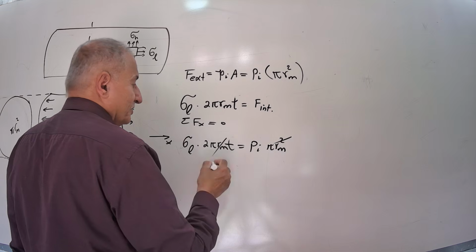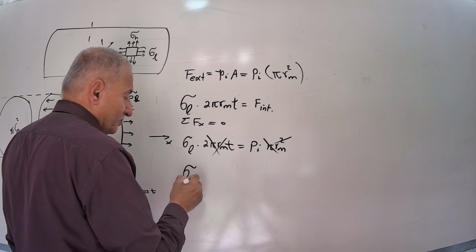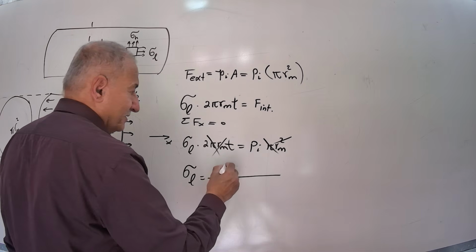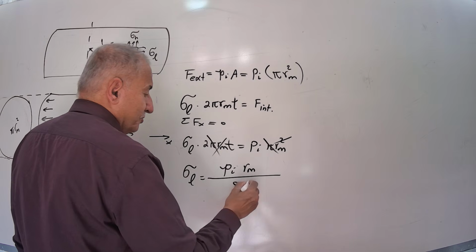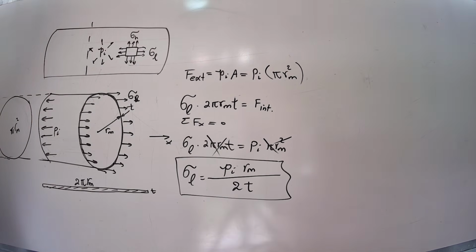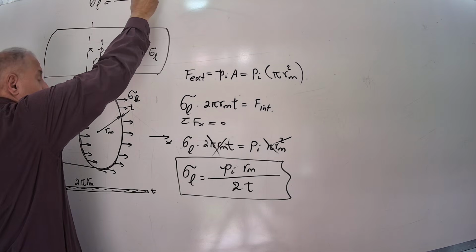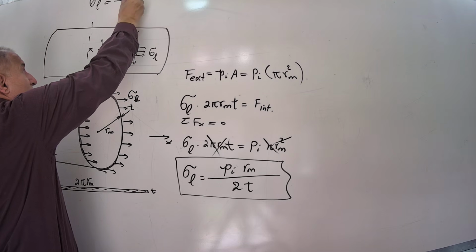Let's cancel out pi with pi, and then sigma L, the longitudinal stress, is pi r m divided by 2t.